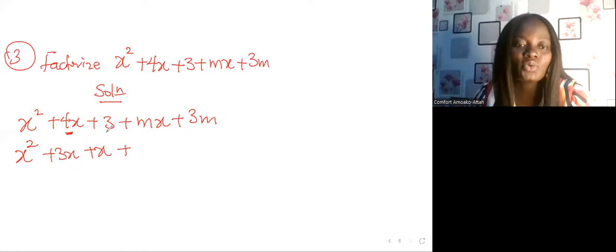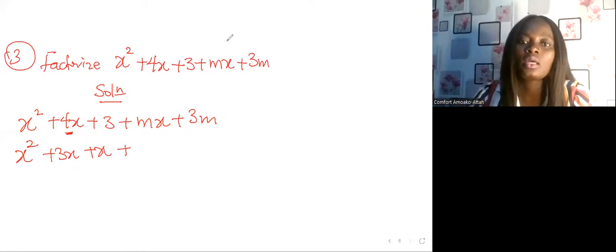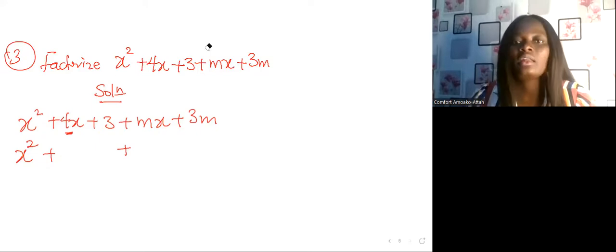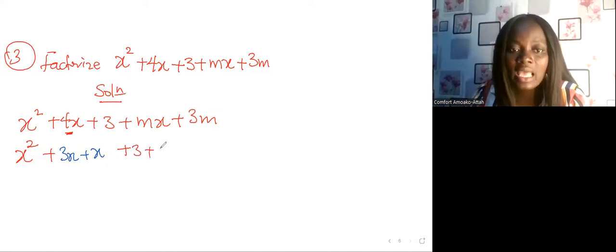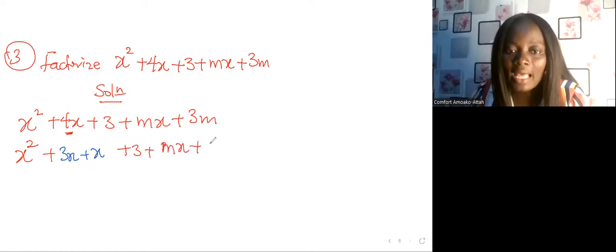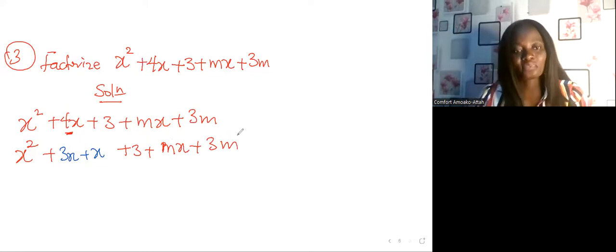Then we continue. Plus, let me use a different color. Okay, so 3x plus x. All right. Then we have plus 3 plus mx plus 3m.